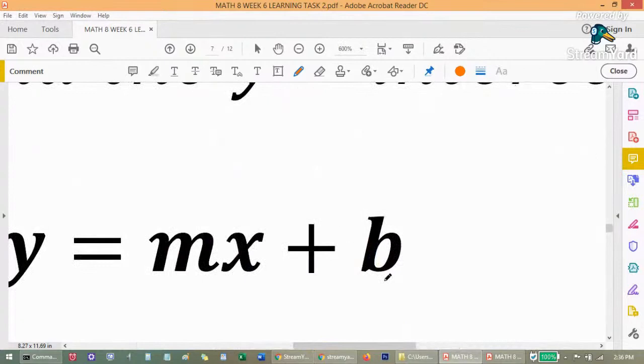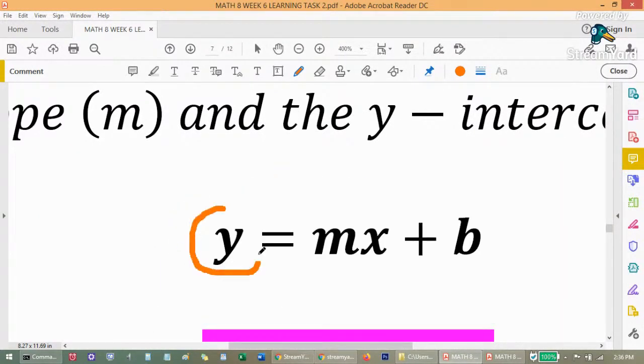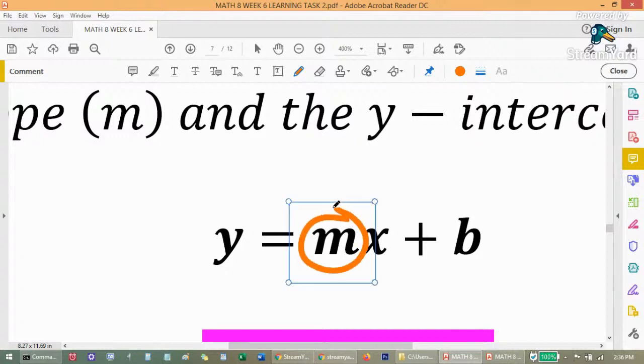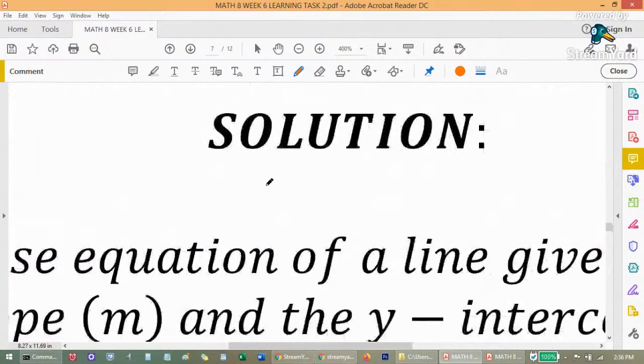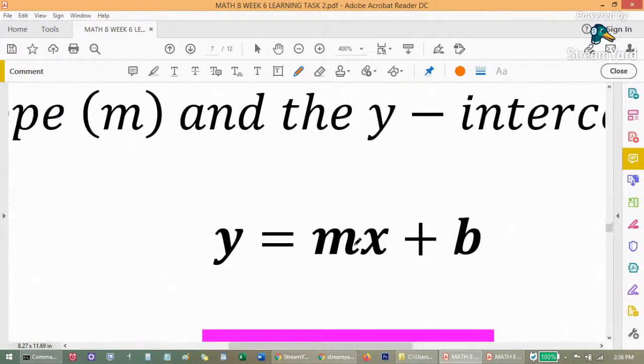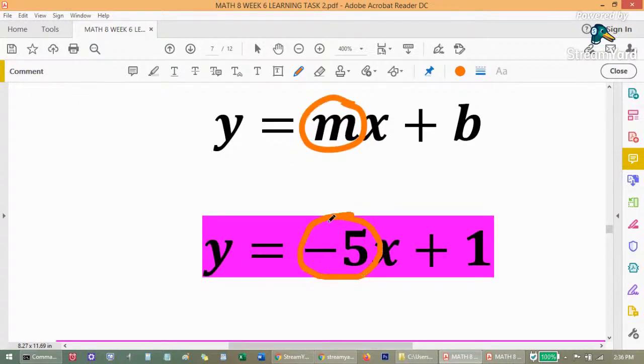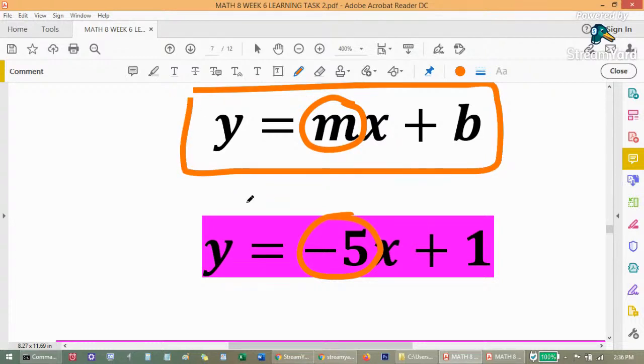So, gagamitin natin dyan yung formula na slope-intercept form. Y is equals to mx plus b, and then meron tayong m. M natin is negative 5. So, papalitan lang natin tong m ng negative 5. Okay, so sinusundan lang natin tong formula na to. Copyin niyo yung formula sa notebook para meron kayong notes.